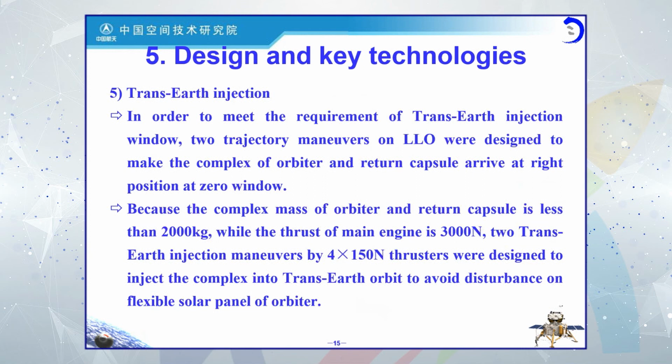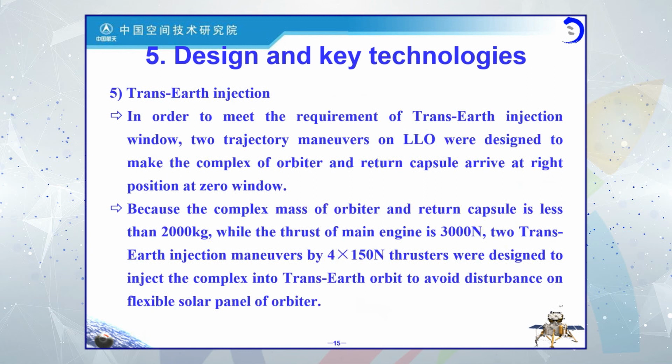The last one is about Transearth injection. In order to meet the requirement of Transearth injection window, two trajectory maneuvers on lunar low orbit were designed to make the complex orbit of orbiter and return capsule arrive at the right position at the window.